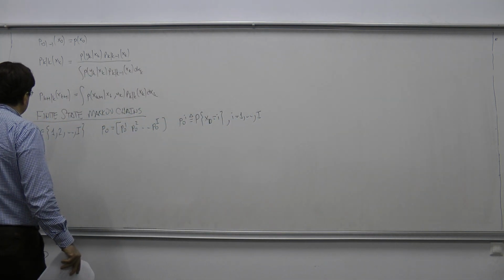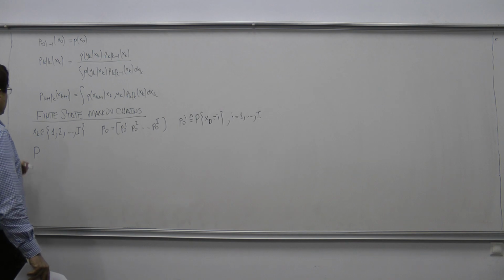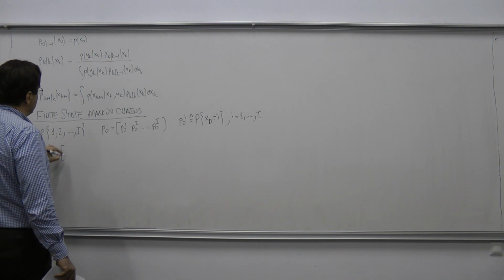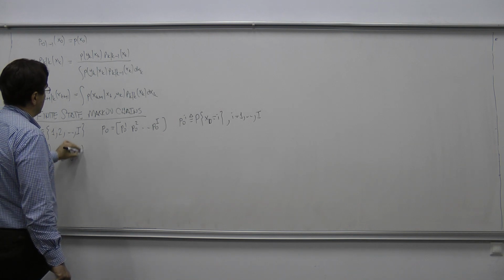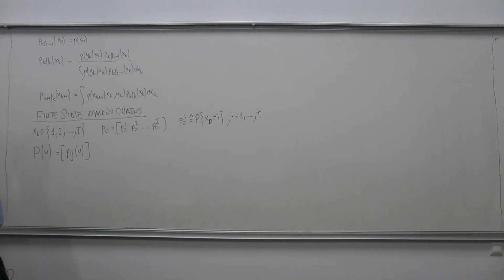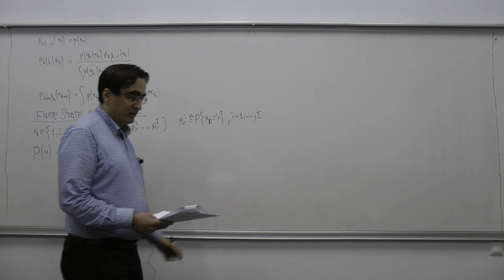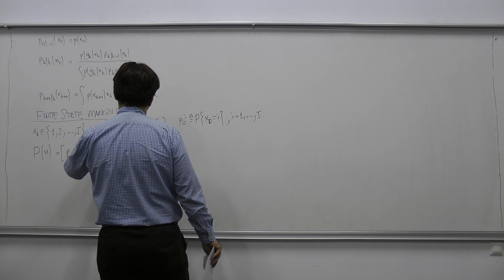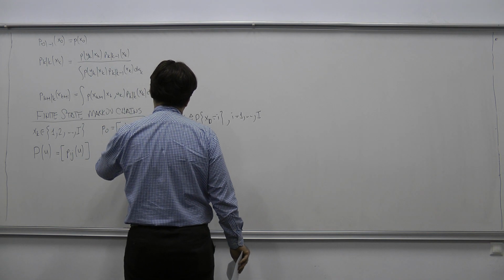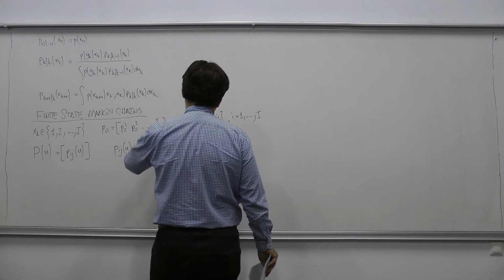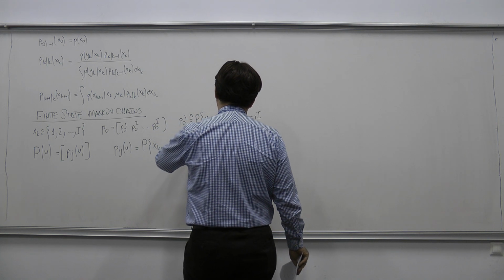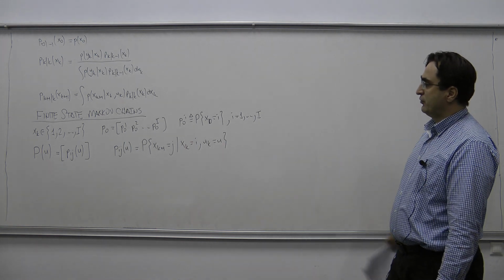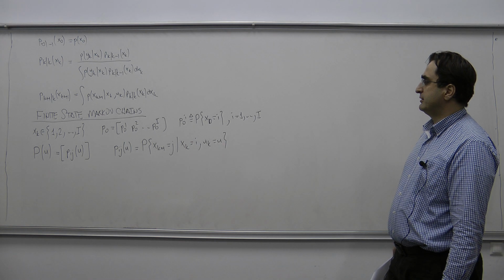In order to define the Markov chain, we are also going to have a transition probability matrix. This transition probability matrix is formed of elements Pij of u. We can have an input in the system, and this Pij of u is defined as the probability that xk plus 1 is equal to j, given xk is equal to i and uk is equal to u. That is the definition of the transition probability matrix.